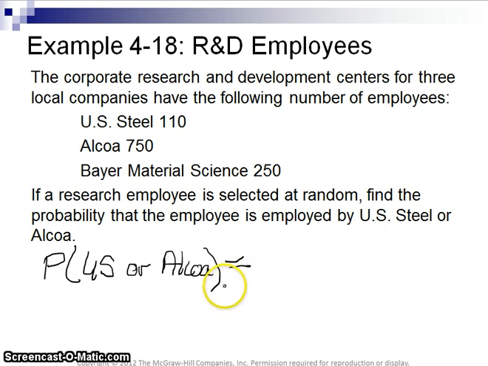So that's our question in this problem. Are these two events mutually exclusive? Do you have anybody who is employed by two different research and development centers? No, there are not.